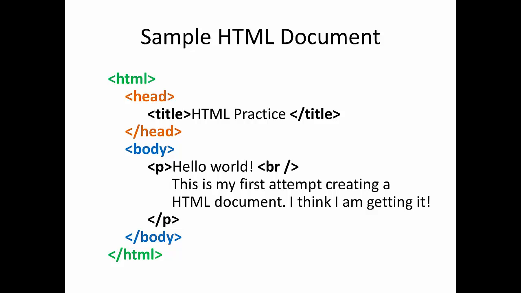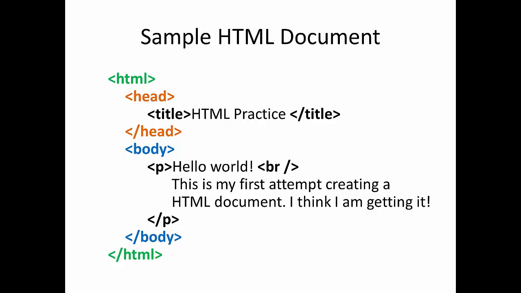Here is a sample HTML document that you can create and display on a browser. As you can see, it starts with the HTML tag, then starts the head, and within the head section it has the title HTML practice. That is the portion that would be displayed on the title bar at the top of the window. Then head is closed and body starts.